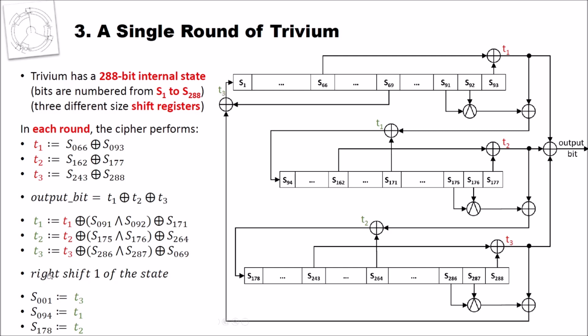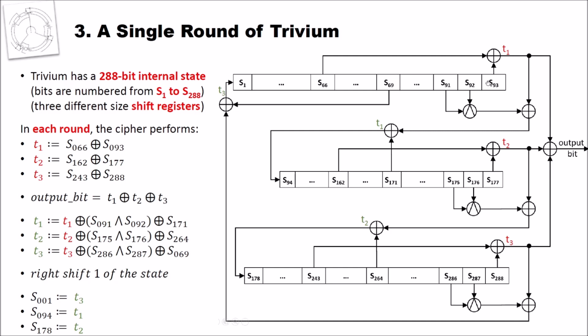Then we have a right shift of 1 of the state. That means that all the bits in the shift registers are shifted by 1 to the right. So the previous S1 is the next S2, the previous S94 is the next S95, and the previous S178 is the next S179. And of course, the bits following these bits are also shifted 1 to the right.